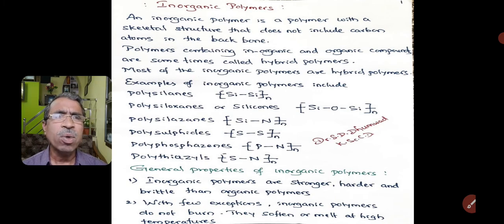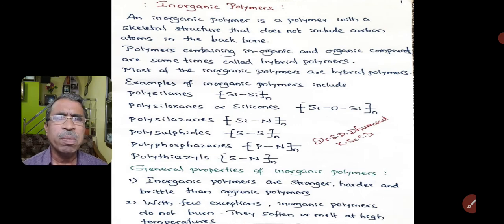These silicones have the Si-O-Si, silicon-oxygen chain as a backbone. And this silicon is tetravalent, so on the silicon, the other two valencies contain methyl, ethyl or phenyl groups.